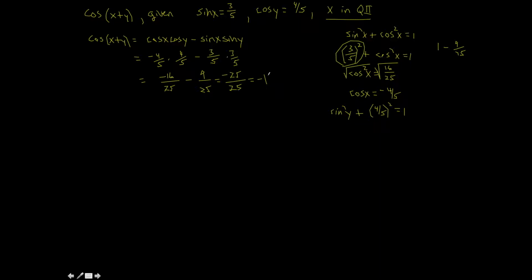Alright, so that would be a way to solve that given those two values. Alright, so be able to do that. I guarantee you'll see one like that again. Okay? Be able to do that.